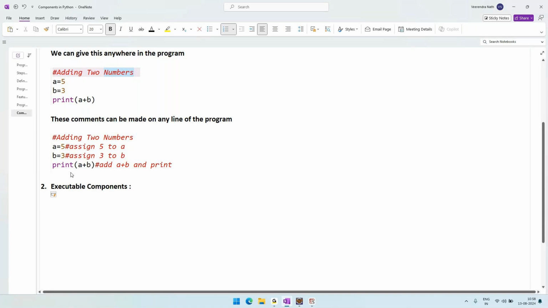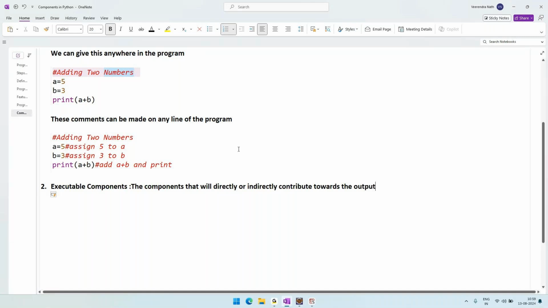Executable components means the components that will directly or indirectly contribute towards the output.